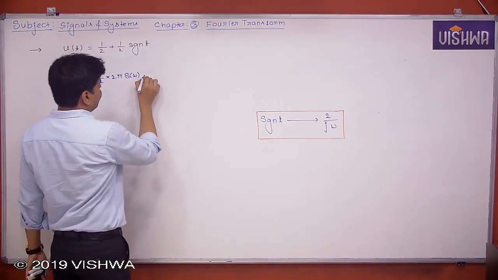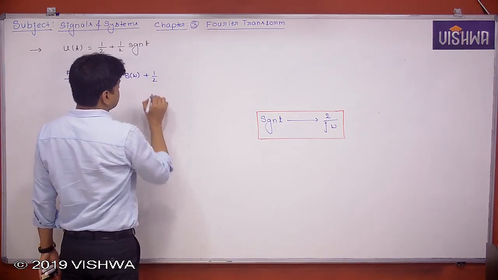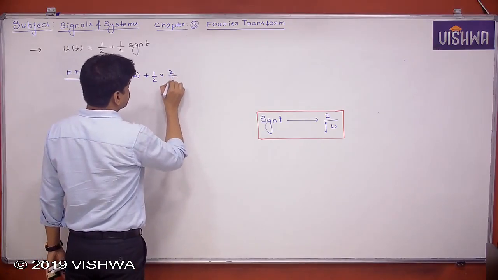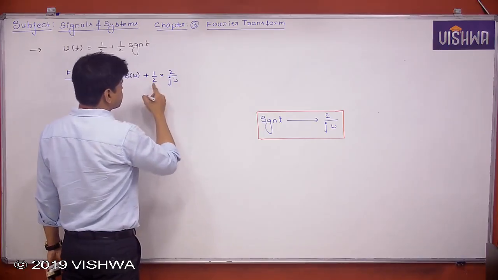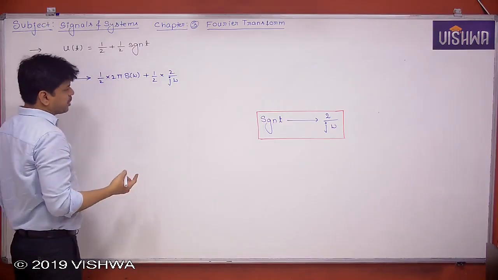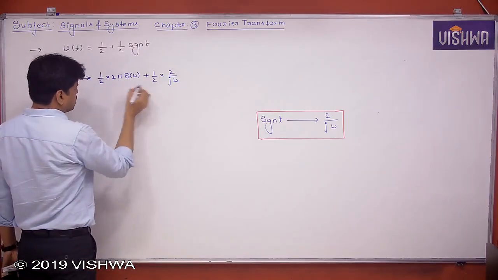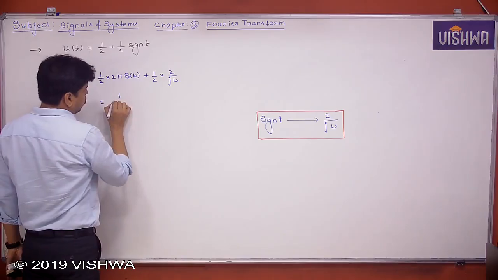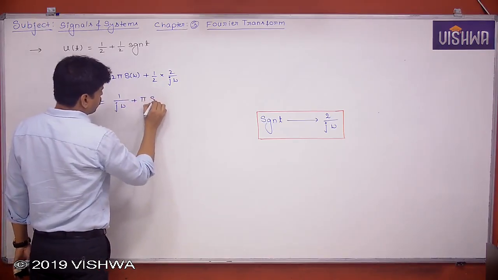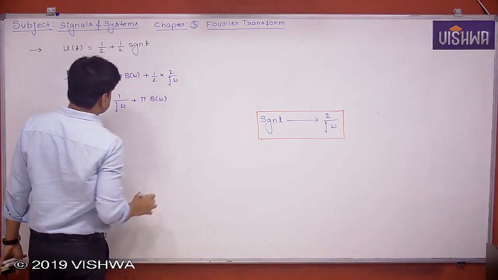Next, 1 by 2 times the signum function, whose Fourier transform we have just calculated as 2 by j omega. So the 2 gets cancelled, and we are left with 1 by j omega. Similarly, the 2 gets cancelled and finally we are left with pi delta omega. So if I combine them, we get 1 by j omega plus pi delta omega. This is the Fourier transform we got.